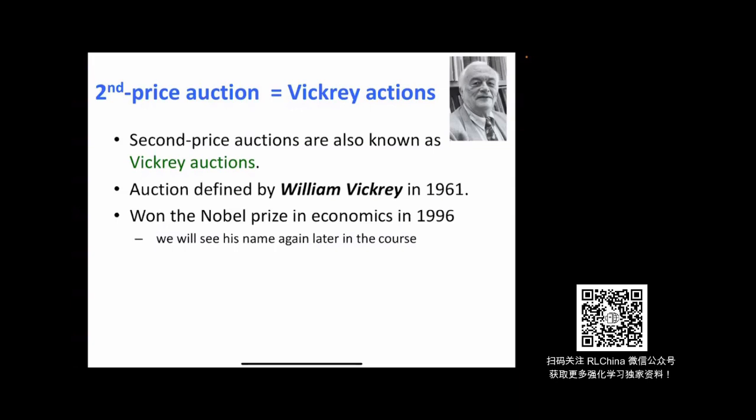Because it's a second price auction, you could potentially reveal your true bid, because you're not going to pay that, you're going to pay something below. We're going to prove mathematically that the second price auction is indeed truth-telling.